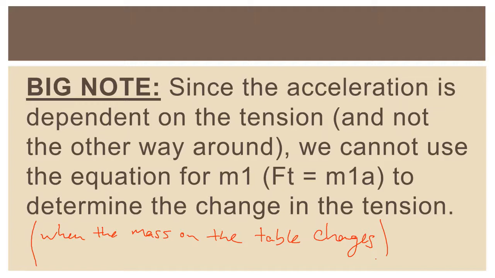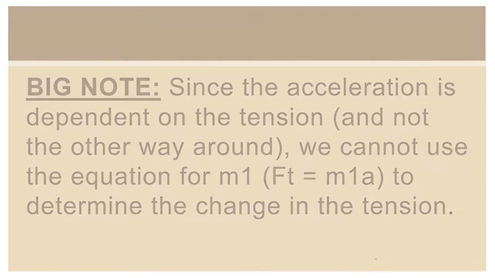Okay, so the basic way that you consider changes in the tension is you solve for the tension and you look at what the equation says. So notice we had two equations here in this last problem. We had Ft equals m1a, and we had the equation for the hanging block, which was m2a equals m2g minus the force of tension.